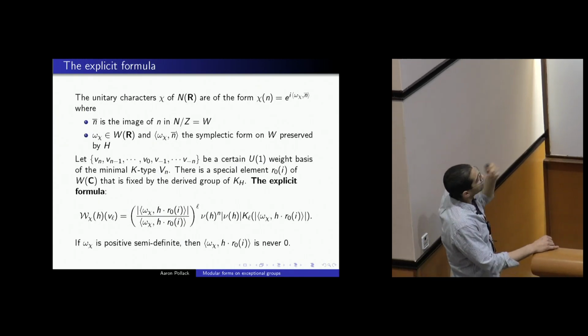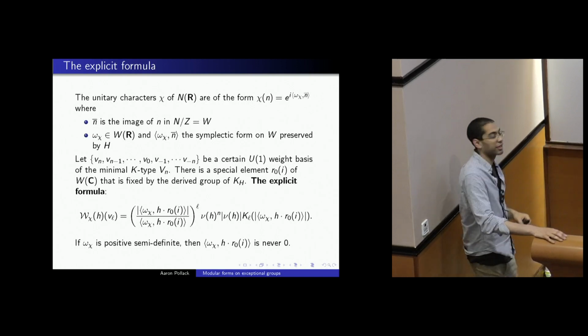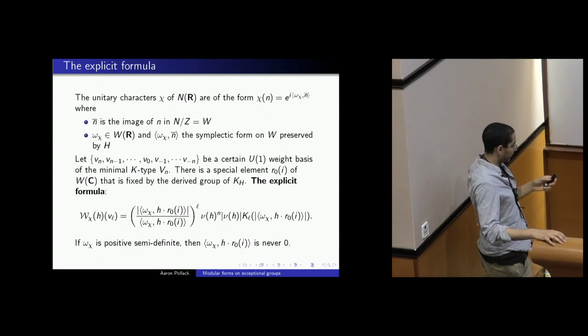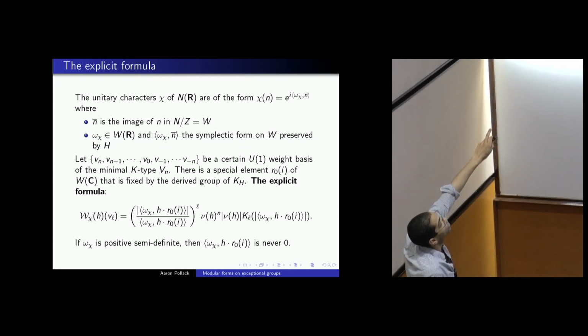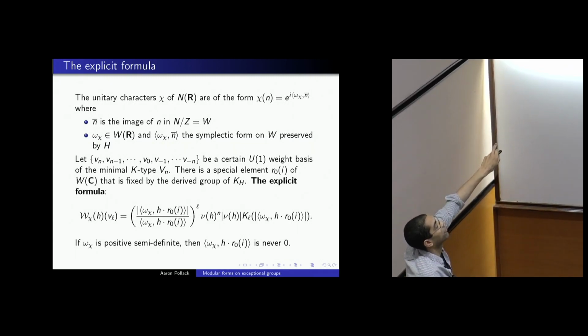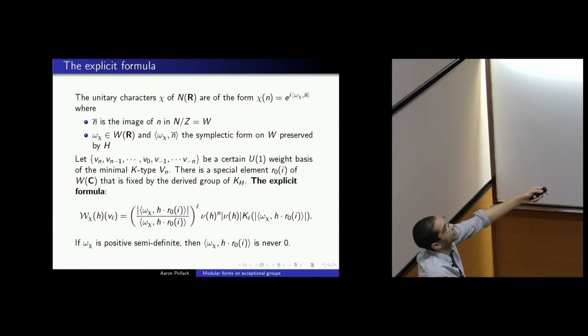Okay, and so what is the explicit formula? It's not so important, but the point is that it's so explicit you can just write it down. The unitary characters of this unipotent radical N are of the form chi of n is e to the i times the symplectic form evaluated on omega chi and the image of n.